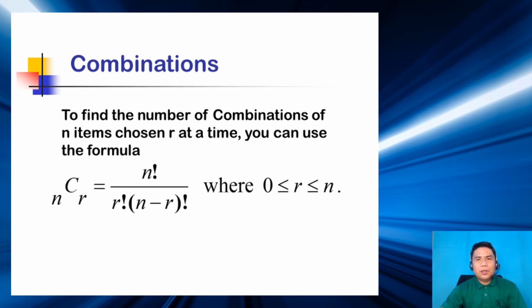To find the number of combinations of n items chosen r at a time, you can use the formula nCr. The combination of n choosing r at a time is equal to n factorial over r factorial times the quantity n minus r factorial, where r is greater than or equal to 0 but less than or equal to n.